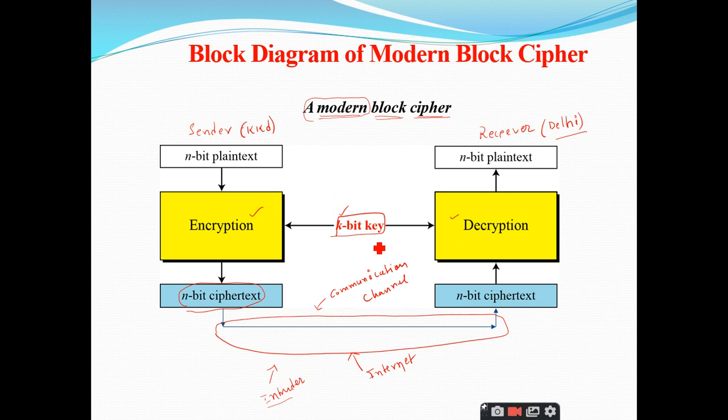Decryption makes use of the same k bit key, and applies the decryption algorithm on the ciphertext, and the receiver will get the n bit plain text. So this is how the block cipher is described.